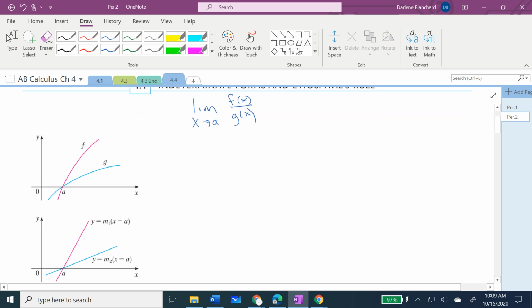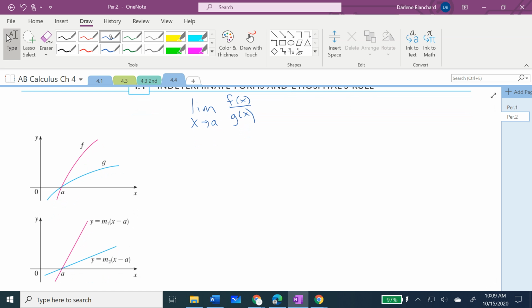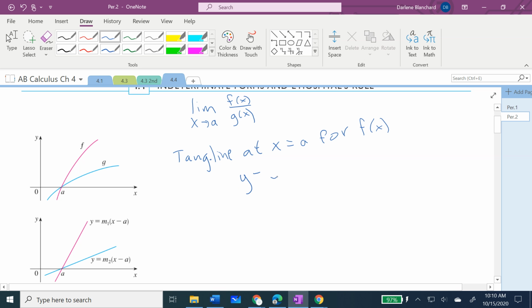So, f of x. If I look at the tangent line at x equals a for f of x, I'm going to start off with saying that it's y minus y coordinate equals slope times x minus x coordinate.